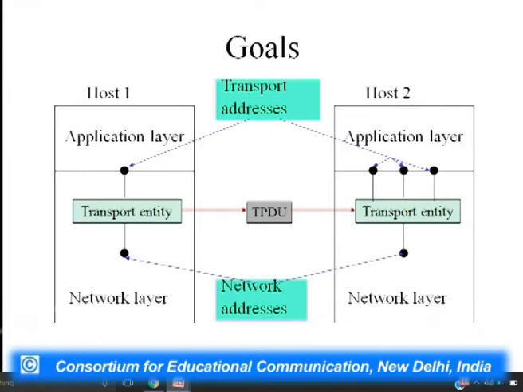So if UDP is running on host 1 at the transport entity, it will communicate with the UDP on host 2. Similarly, the TCP of the transport entity on host 1 will communicate with the TCP of the transport entity on host 2. So it is TCP to TCP.